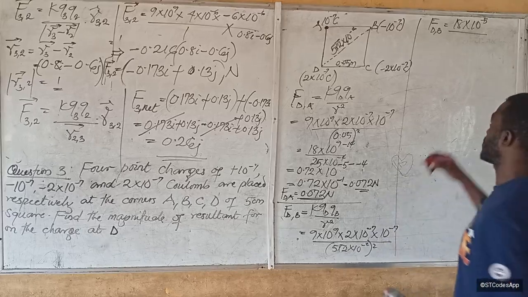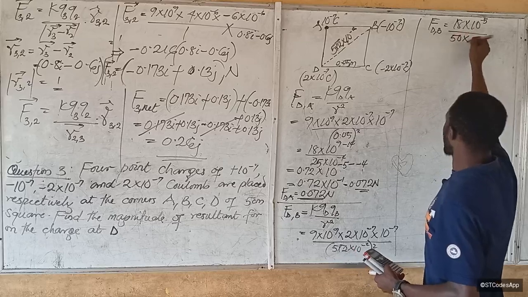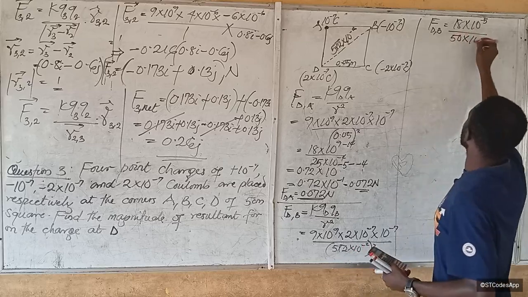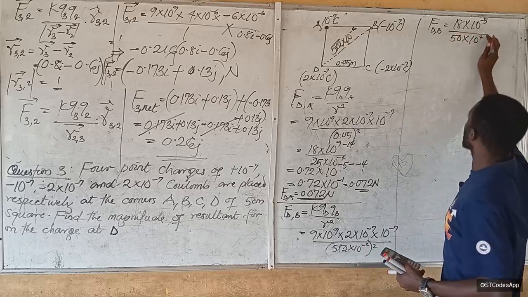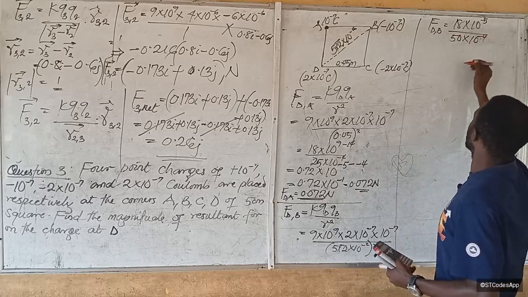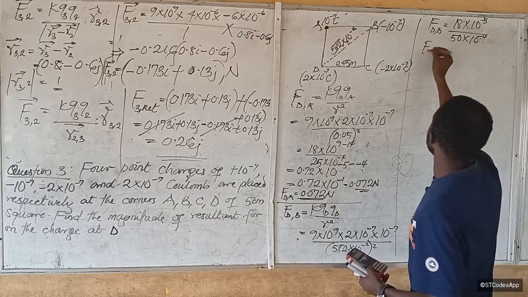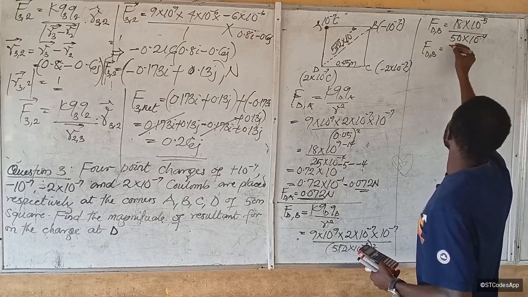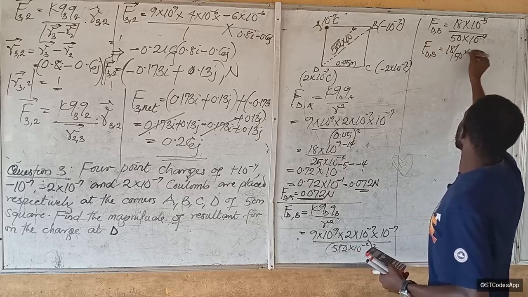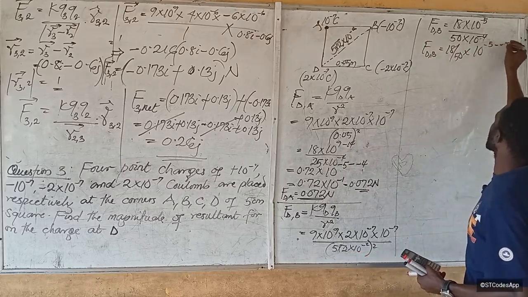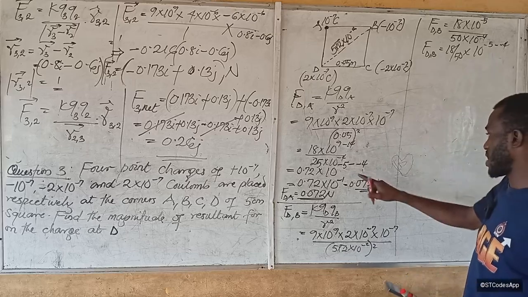Oh, yeah, 50 times this square, there is power minus 4. Okay? So FDB will be equal to 18 over 50 times 10 raised to the power minus 5 minus 4. The same thing we had here.